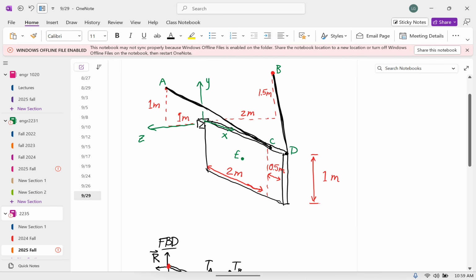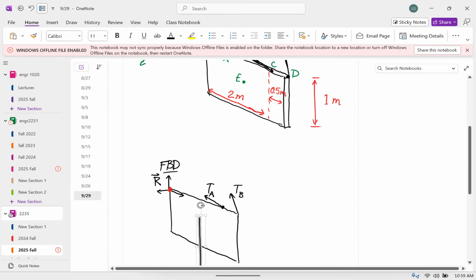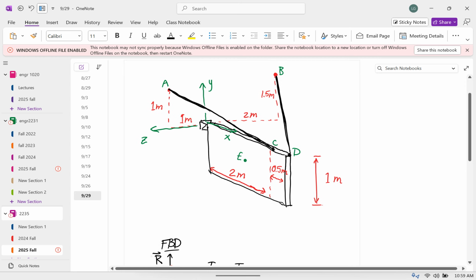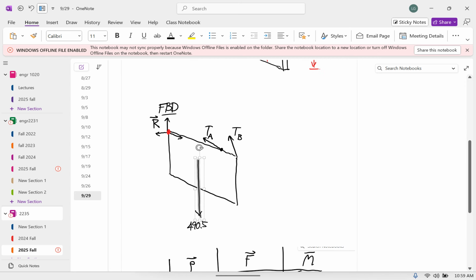So this is the problem that we did last time, a three-dimensional statics problem. We have that big plate that's held by a ball and socket joint and two cables. And we got about half-ish way through. So the free body diagram for it looked like this.